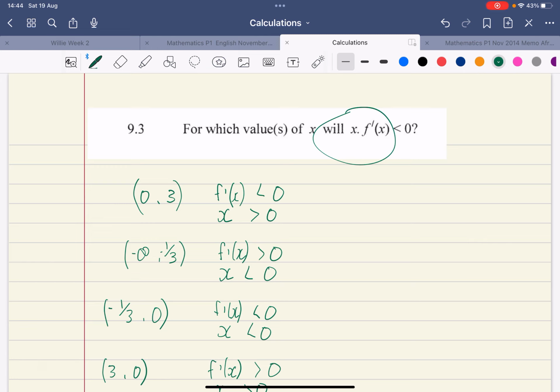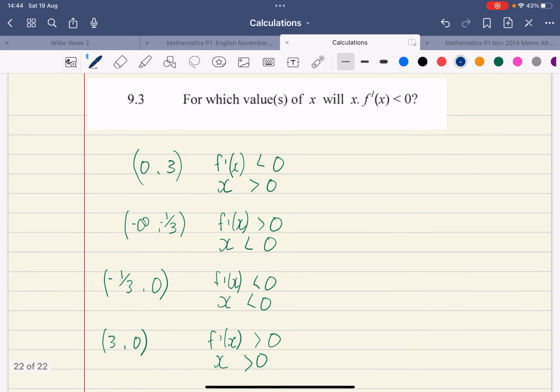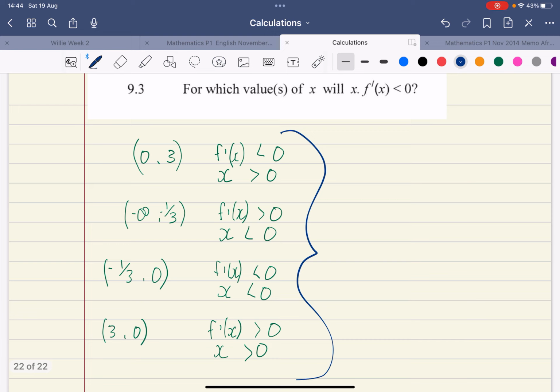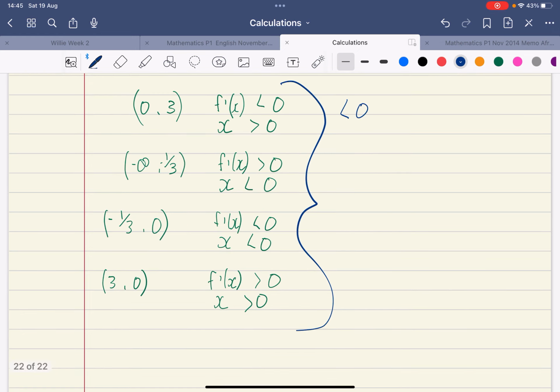Now they want where x times f dash of x is smaller than 0. So let's compare all of this. In the first one, f dash of x is negative, x is bigger than 0. When you multiply those with one another, you'll get smaller than 0. Number 2, f dash of x is positive, x is smaller than 0.